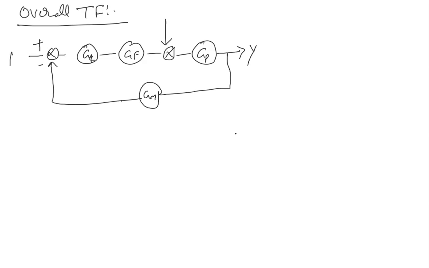This is the set point, this is the load, this is the control loop. Understand? Now to derive the overall transfer function, that means Y by U and Y by R, this is what we need to derive.